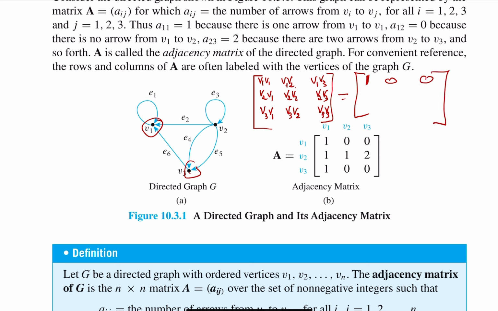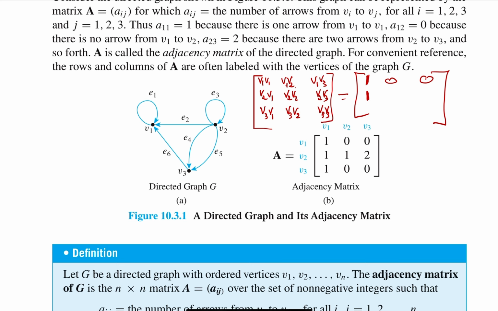Okay. Now V2, we have V2, V1. V2 is right here, and V1 is right here. Do we have an arrow going from V2 to V1? Yes, we only have 1. Then we have to write down 1. Okay. Now V2 to V2, do we have a loop on the vertex V2?